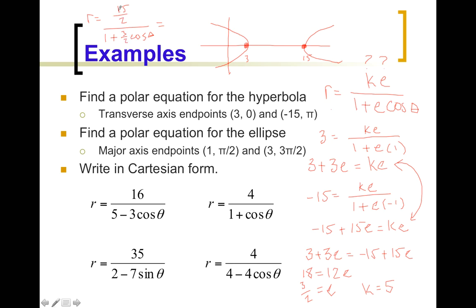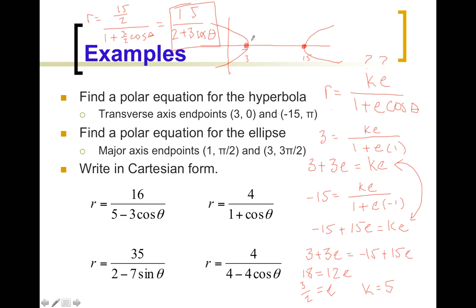But we don't like those halves there, so technically this 2 is dropping down, or you multiply top and bottom by 2, and you get this really lovely equation of 15 over 2 plus 3 cosine theta. And you can actually graph this on your calculator now. And you'll get a hyperbola graphed very nicely on your calculator with these two vertices.